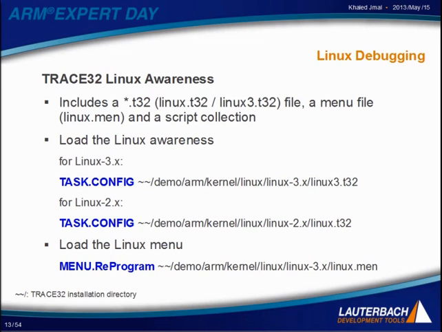mainly for two reasons. First, we support a very wide range of operating systems. So this way the user can load the awareness for the operating system he is using. And second, it will be easier to make changes to the extension, to the awareness, and have an update of the awareness if there is, for example, a new version of an operating system supporting some new functionality or having something different.